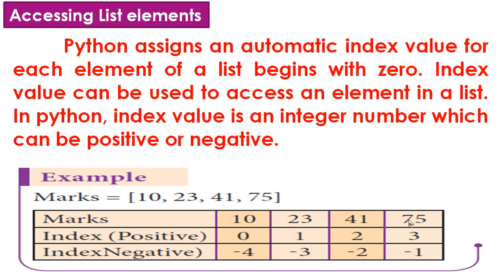Similarly, the last one, marks of 3 equal to 75, or marks of -1 equal to 75. So, the list elements can be identified or accessed by using the index values, whether positive index value or negative index value.